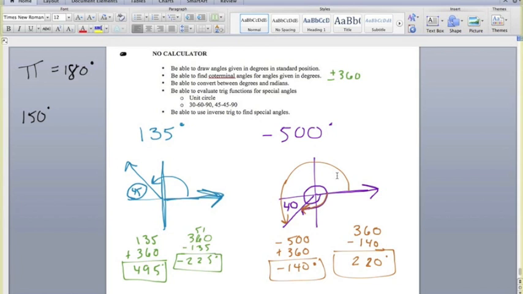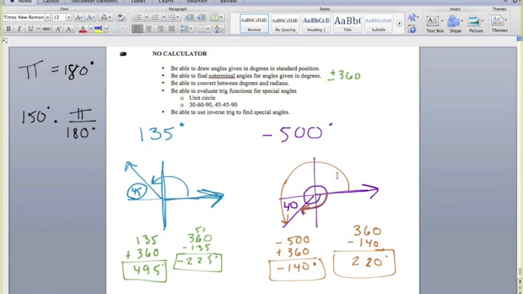To convert that into radians, any type of conversion we're going to do is we're going to multiply by a fraction of our conversion factor, 180 and pi. The way we choose how to set it up is we want to put the type of thing that we're given onto the bottom of that fraction. So since I'm given 150 degrees, I'm going to put 180 degrees onto the bottom of that fraction, which then puts the pi radians onto the top.